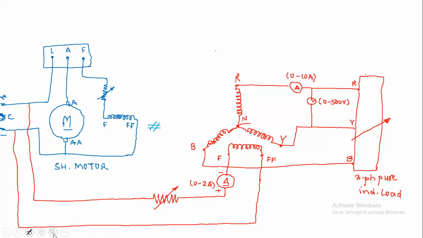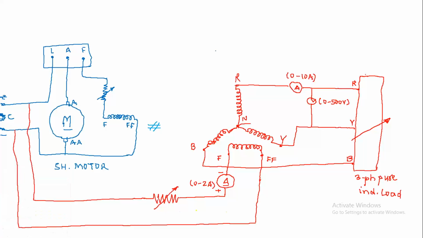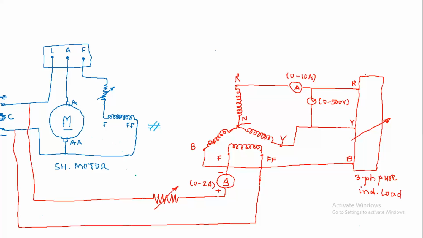Using this rheostat, you are varying the terminal voltage, because this is connected in series with the field winding of the generator.